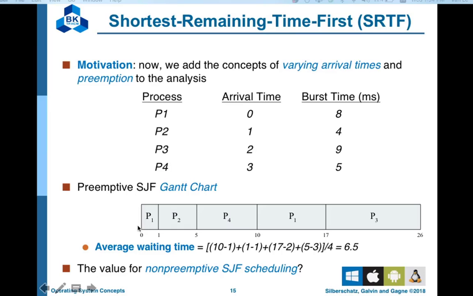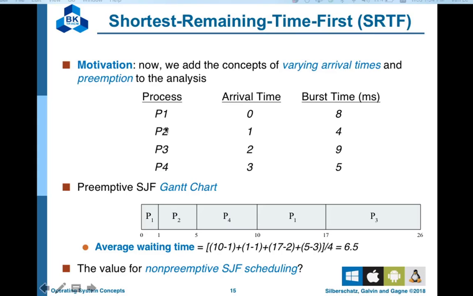So at 0, we have only one process, P1, so this process will run first. At 1, we have another process, P2. At that time, we compare the two processes P1 and P2.